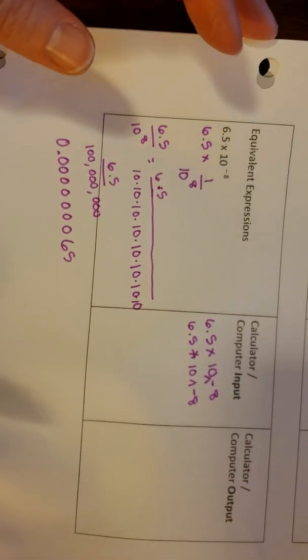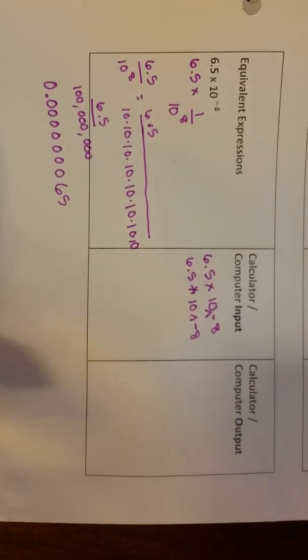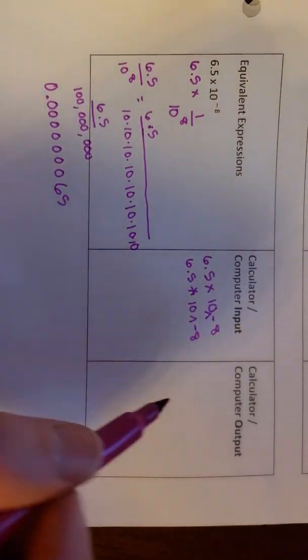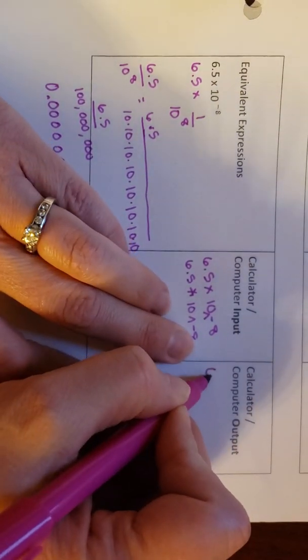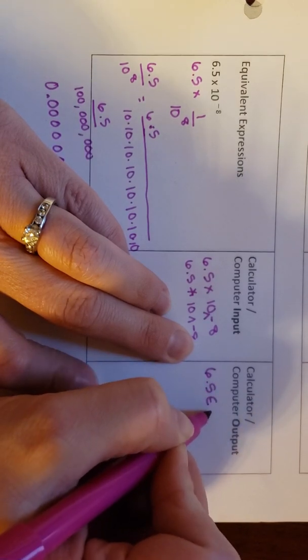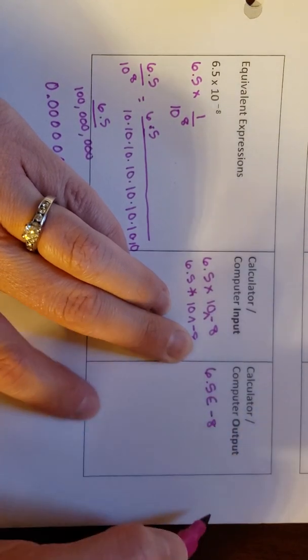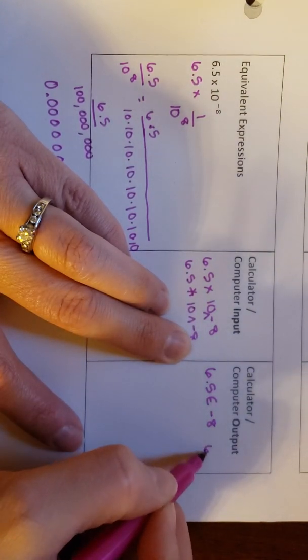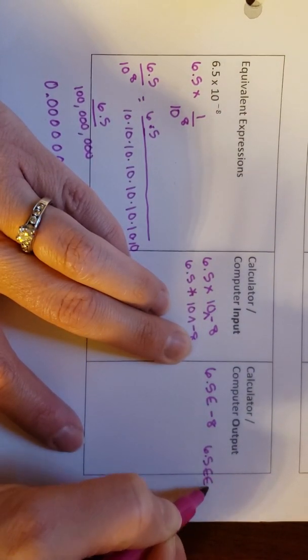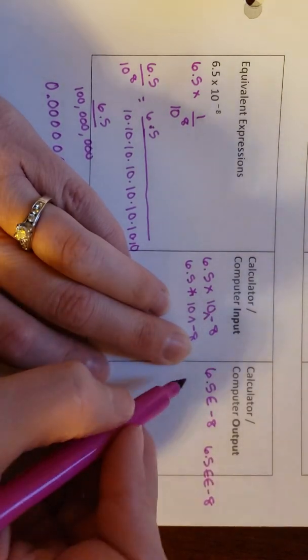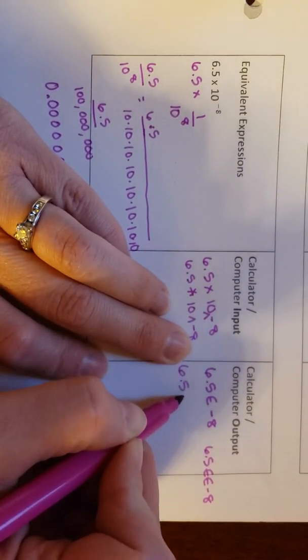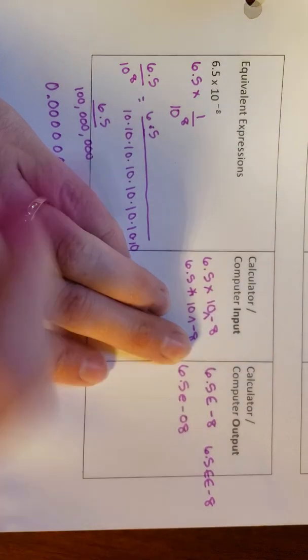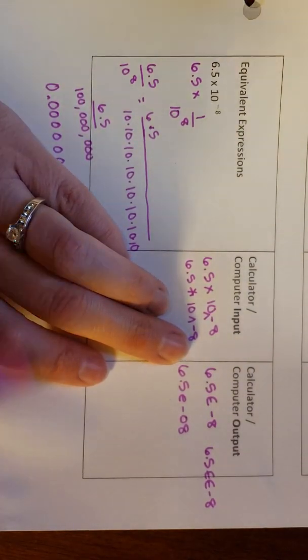That's your input. And your output, if it can't handle a number that small, it might say 6.5 e negative 8 or EE negative 8. It might say 6.5 E08. That's negative, right?